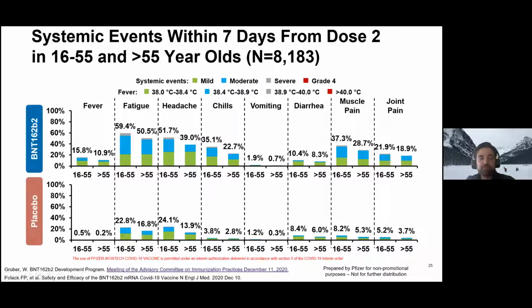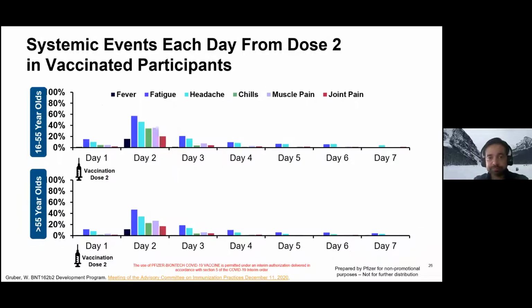The majority of these events, if you look at the color coding, are either mild or moderate, and some severe. Severe means that these are the ones that actually interfered with your day-to-day activity. And grade 4 is something that required an ER visit or hospitalization. So most of those side effects, as you can see, are mild and moderate.